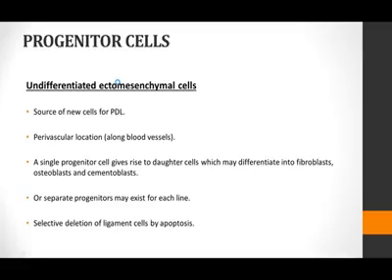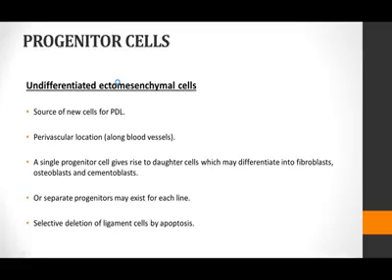So we could have a single progenitor cell that could give rise to any type of daughter cell, which may differentiate into a fibroblast, an osteoblast or a cementoblast depending upon the stimulus. Or there could be separate progenitors for each of these cell lines: a separate progenitor for the fibroblast, one for the osteoblast, and one for the cementoblast.